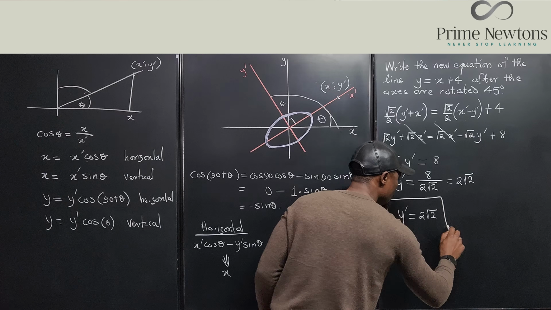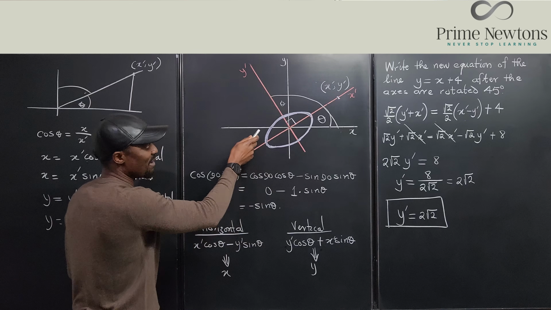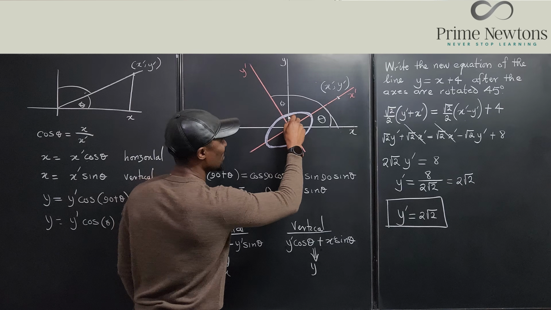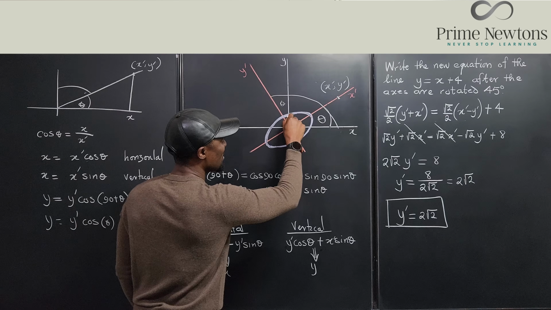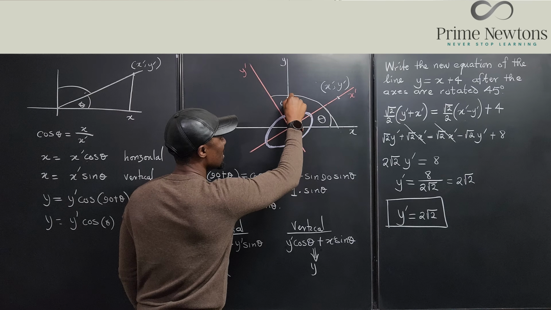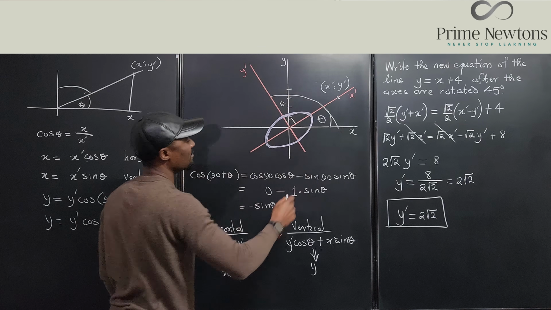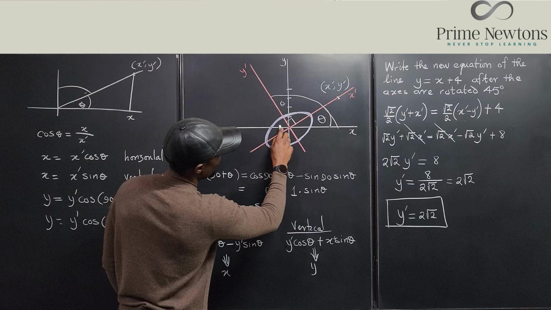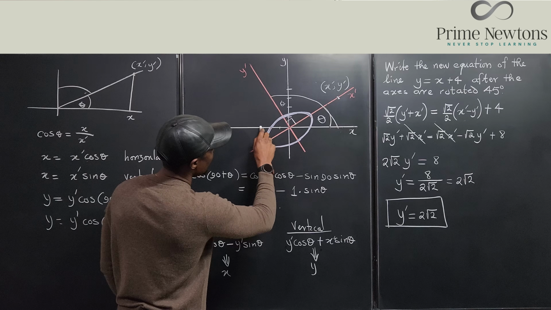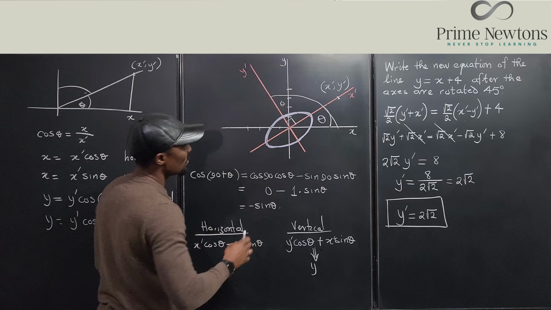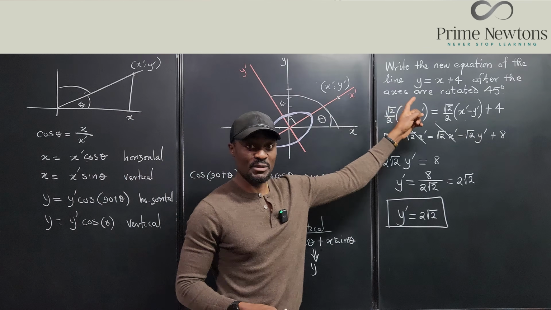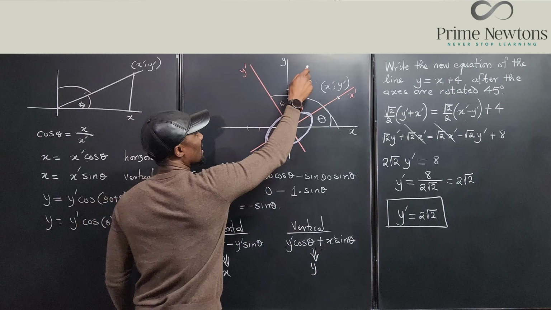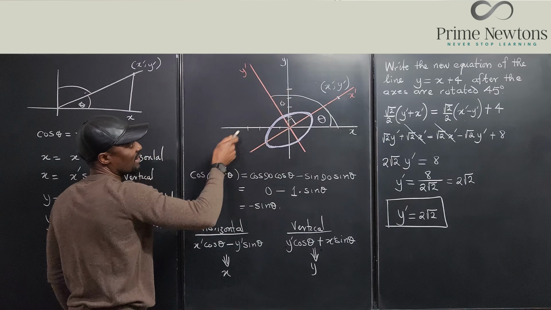In the old graph, let's say we call this 1, 2, 3, 4. The line y equals x plus 4 would be a line that goes this way.